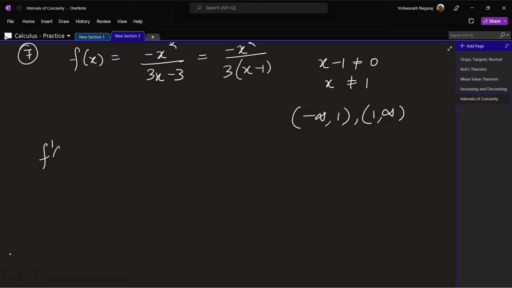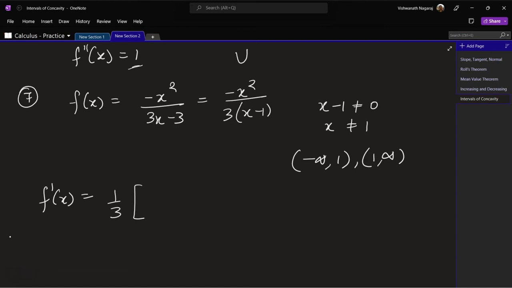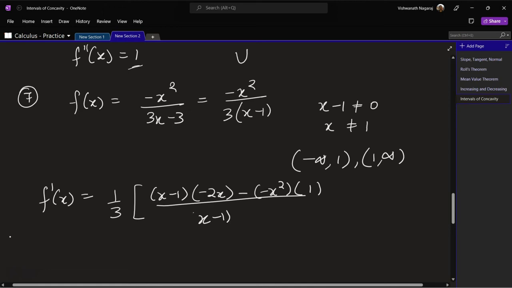Okay, so f prime of x is equal to 1 by 3, we take it out. So we are left with minus x square by x minus 1. Let's differentiate that. We get x minus 1 as it is times minus 2x, minus minus x square as it is times the derivative of the denominator, divided by x minus 1 square.